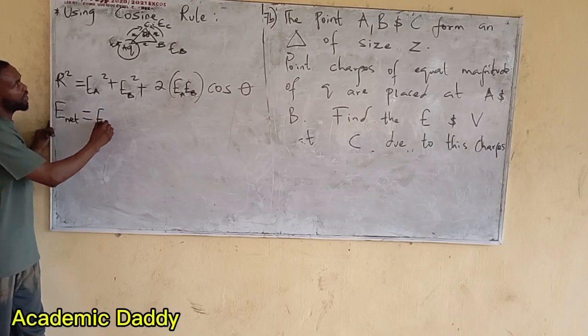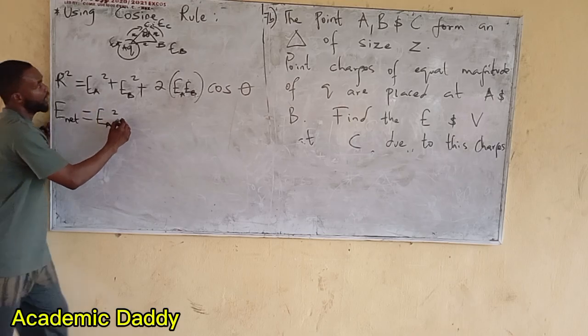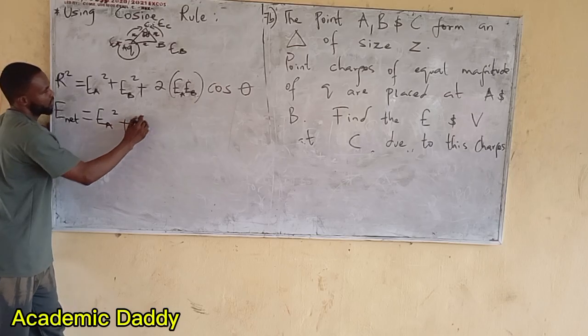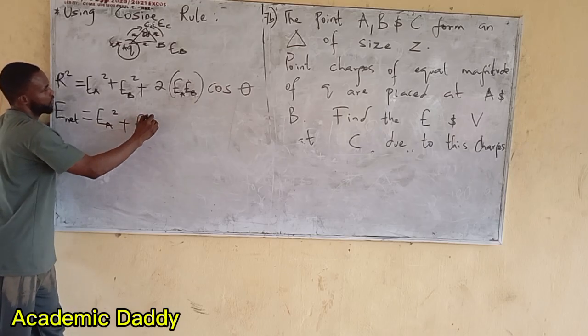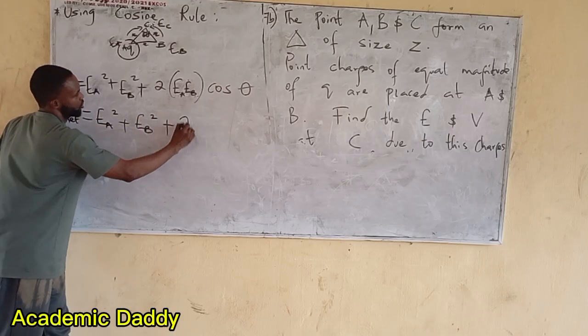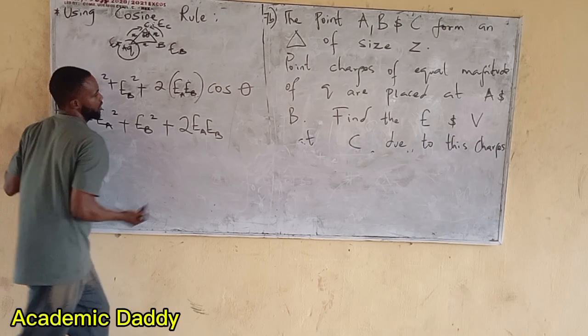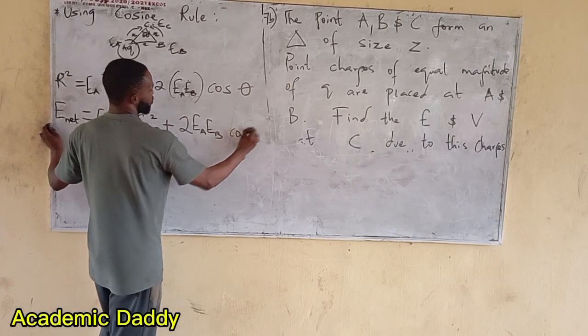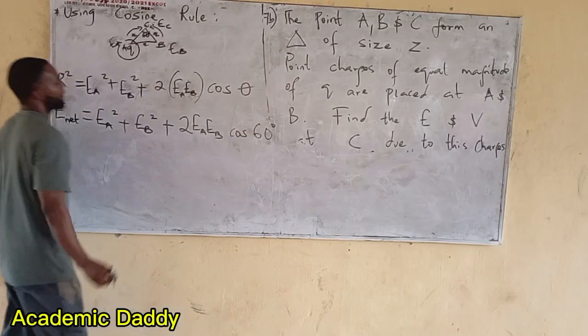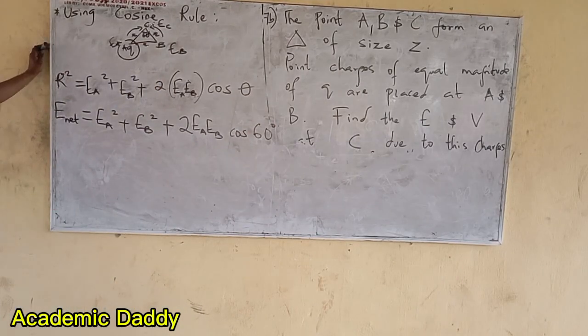So this is going to be EA squared plus EB squared plus 2EA EB cos 60 degrees. So just follow me.